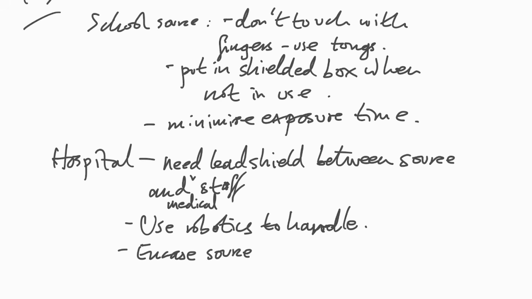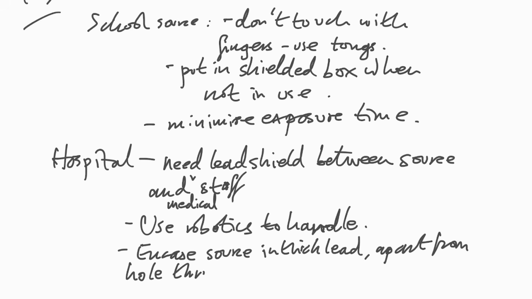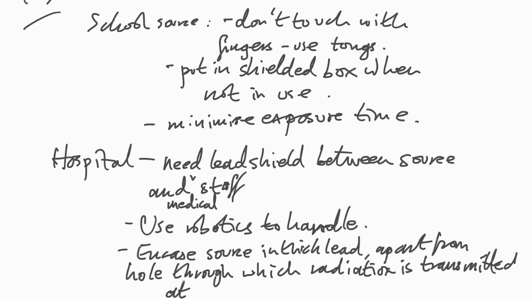It's just going to be a lump, I'd guess, of some isotope, in thick lead, apart from, let's just say, a hole through which radiation is transmitted at appropriate part of body.